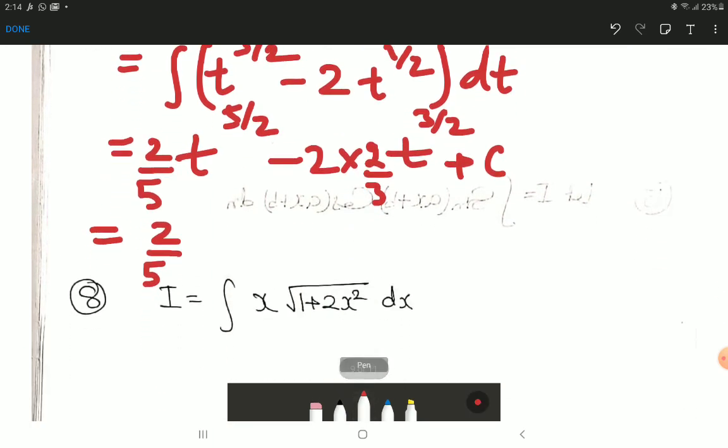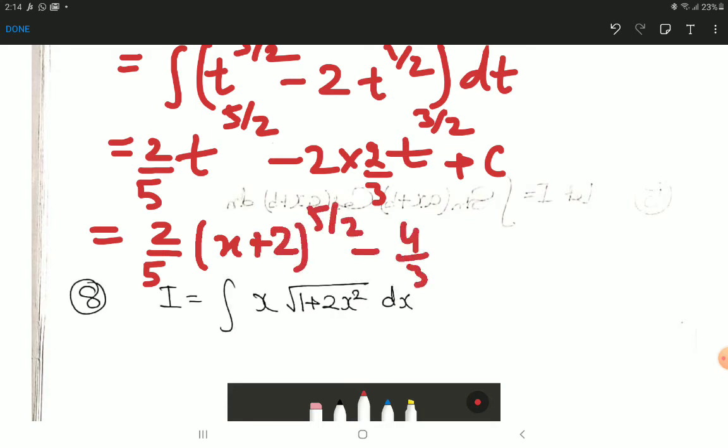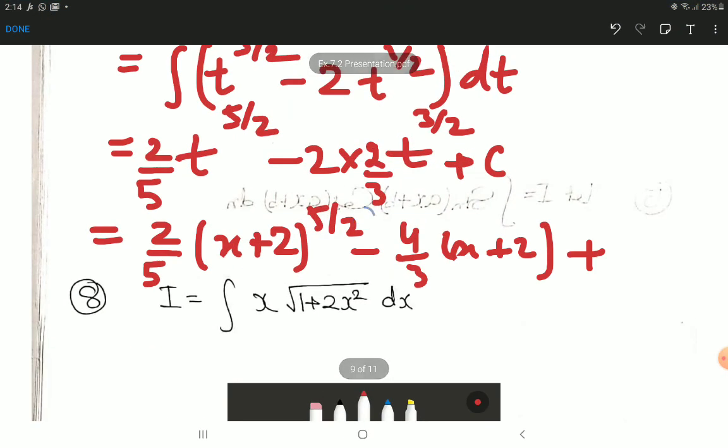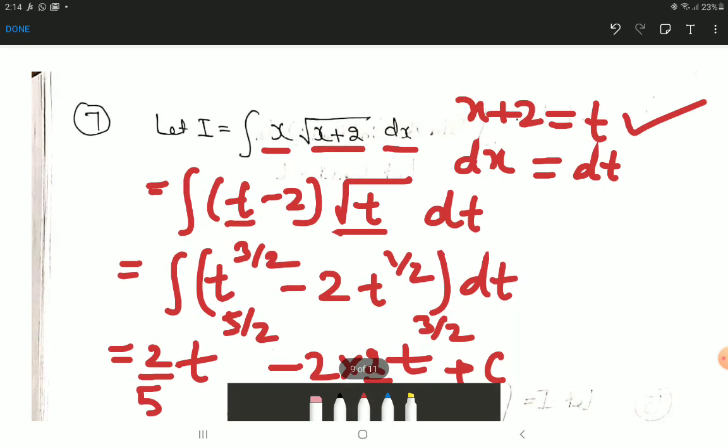So it is 2 by 5 into (x + 2) raised to power 5 by 2 minus 4 by 3 into (x + 2) raised to power 3 by 2, plus c. So we assumed x plus 2 to be t in this case, and this has reduced this binomial to a monomial, and integration becomes simpler.